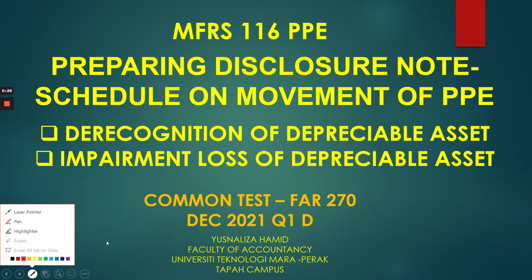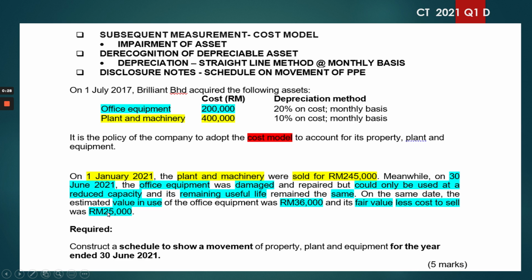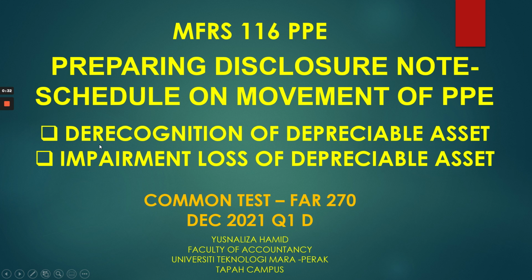And in this particular question that I've chosen, we are going to look at the derecognition of a depreciable asset, a different asset, and the next one is looking at how we incorporate the impairment of a depreciable asset, where there is an impairment loss, and at the end we are going to prepare the disclosure note as per the requirement of the question.